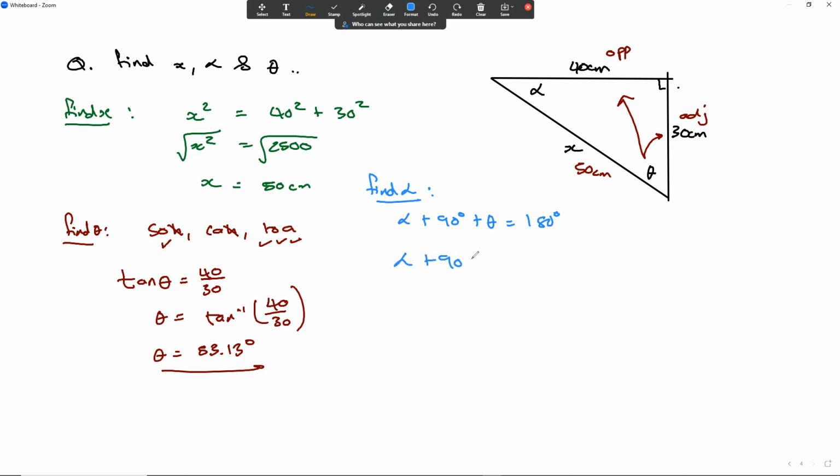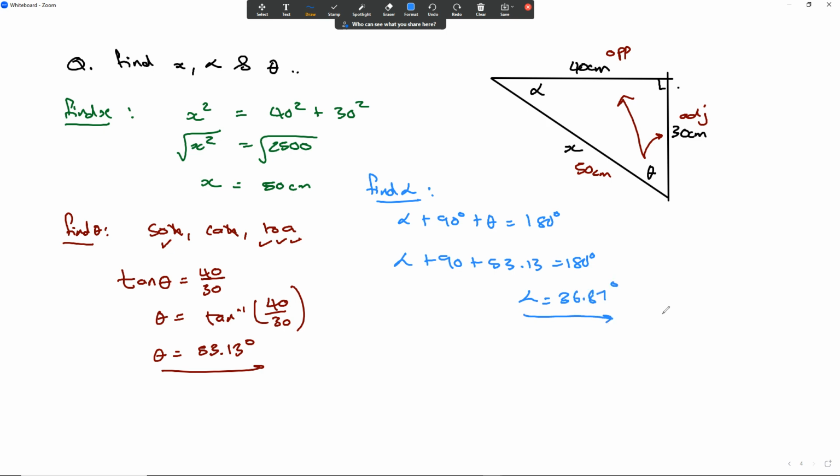Alpha plus 90 plus 53.13 equals 180 degrees. And so we subtract from both sides of the equation. So 180 minus 90 minus 53.13 will come to 36.87 degrees, and that'll be alpha.